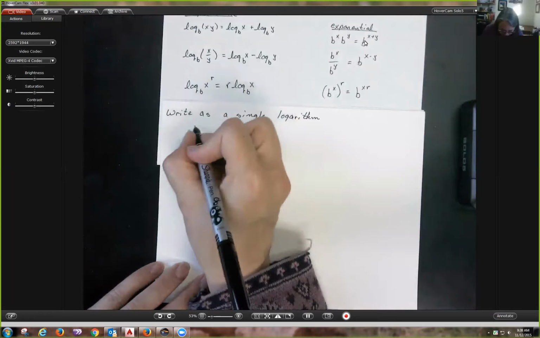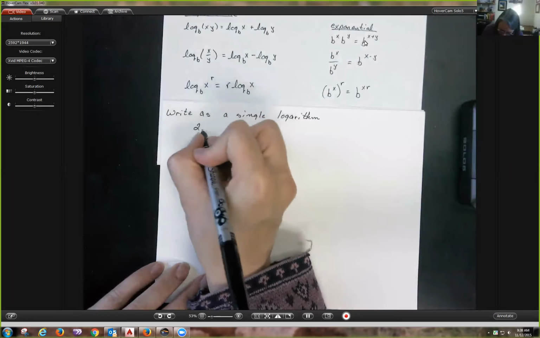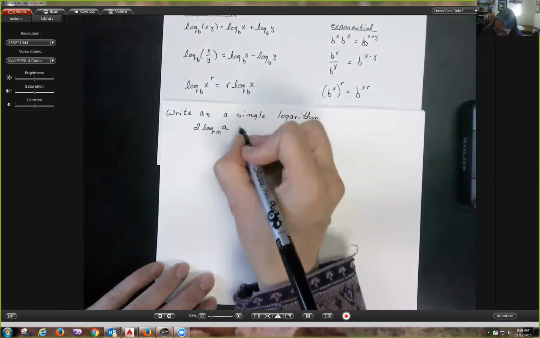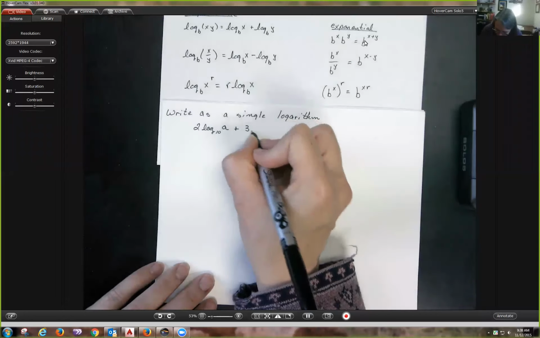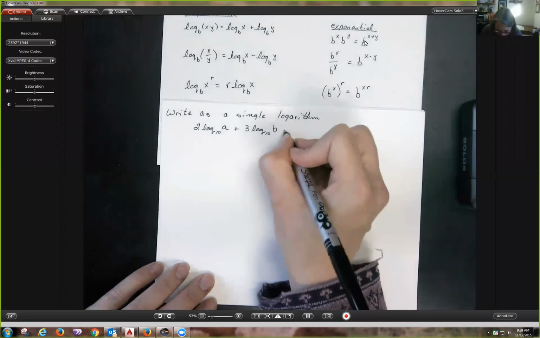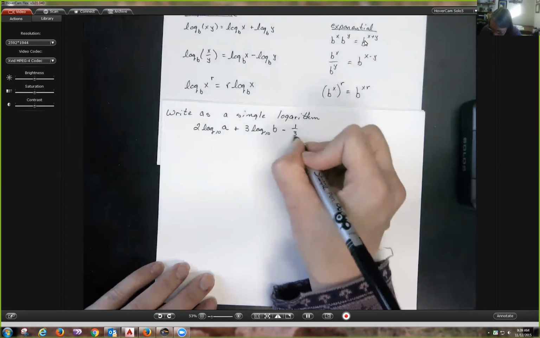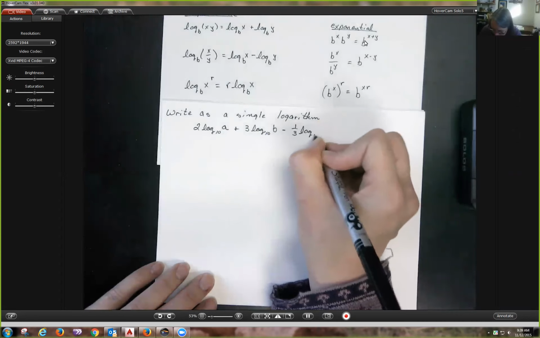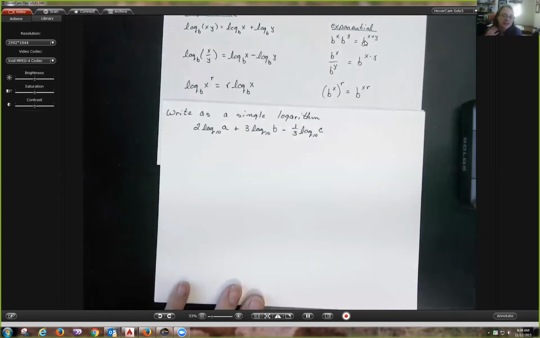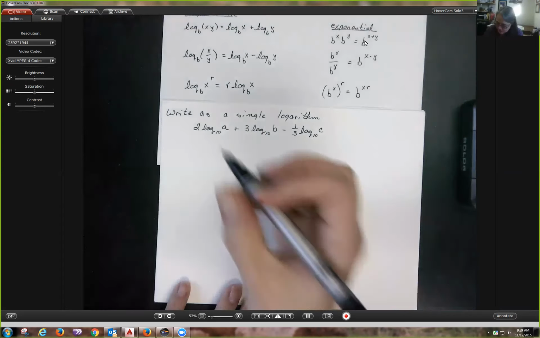For example, we want to take the expression 2 times the log base 10 of a plus 3 times the log base 10 of b minus 1/3 the log base 10 of c. And we want to collapse this back into a single logarithmic expression.